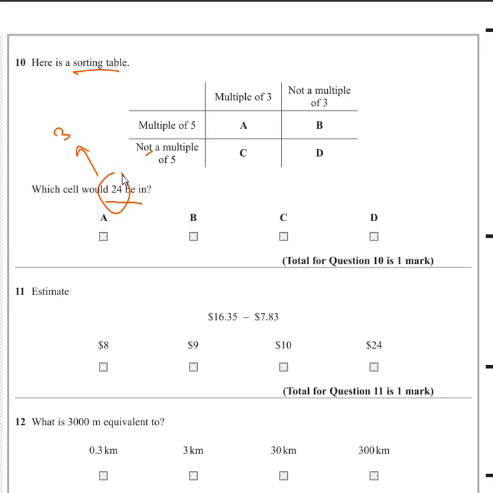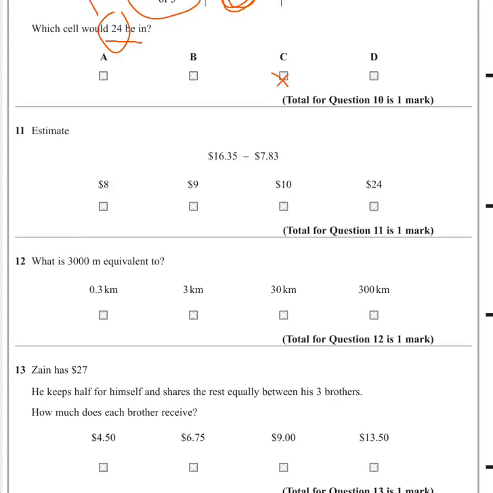So that means I'm looking for a letter here that has multiple of 3 and then also not a multiple of 5, something to intersect. So that means here C, 24, because here we're going to have multiple of 3 and not a multiple of 5. So that means C is our answer.